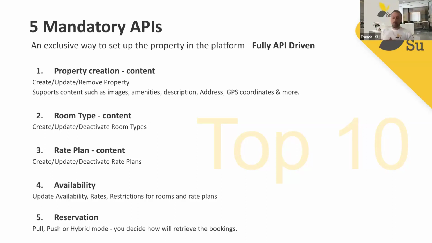And then we have the ARI, everything related to availability, rates, restrictions for rooms and rate plans. That's another one. That manages three types of pricing: occupancy-based pricing, room-based pricing, and now we have equipped the platform to manage length of stay pricing. And we now have Booking.com that is compatible with that.